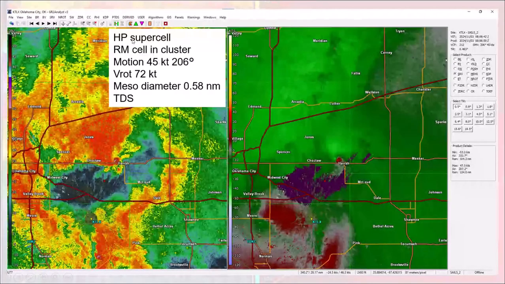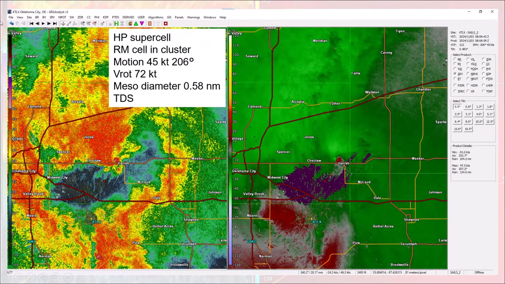At the very start of the tornado life cycle, I classify the storm by its characteristics. If it was, say here, an HP supercell, it's in a cluster of storms surrounding it. And I find the motion of the mesocyclone in the first 2 or 3 scans at the beginning of the tornado. And then I find the maximum Vrot throughout the life cycle, and at that time also find the meso diameter, and also if it has a TDS or not.